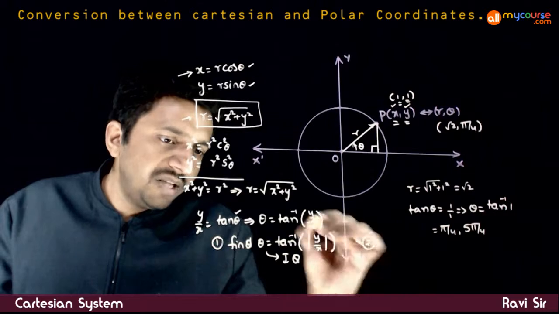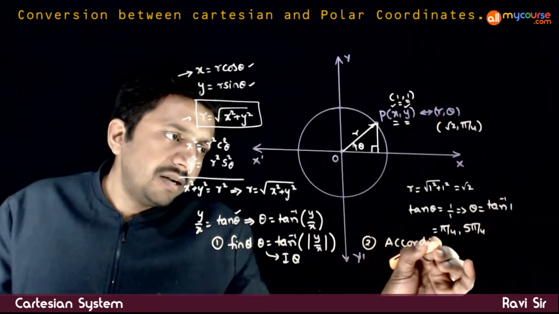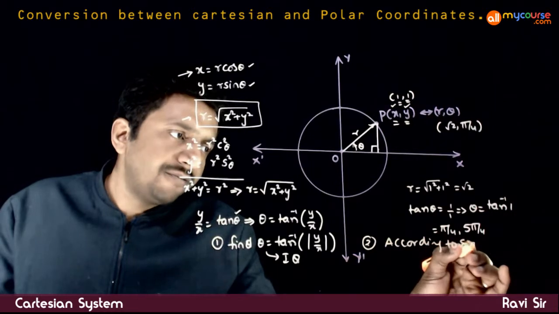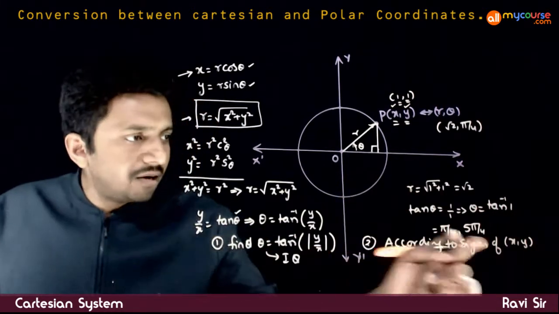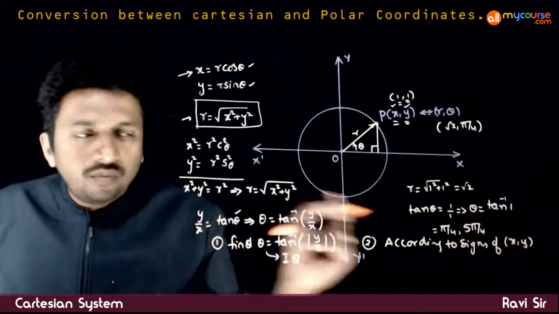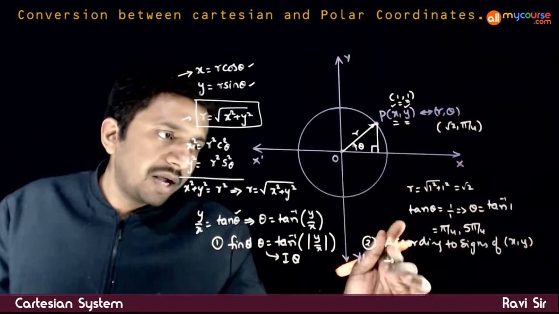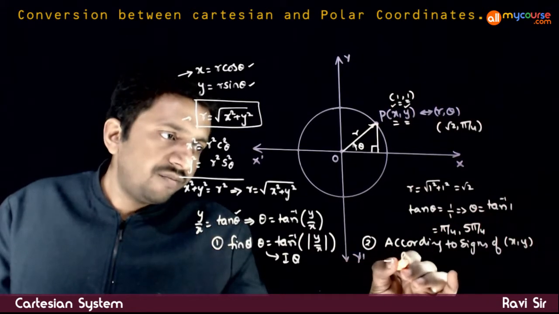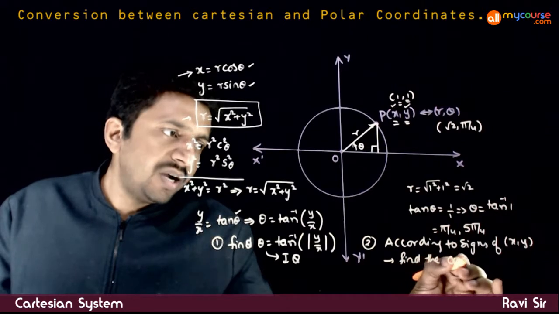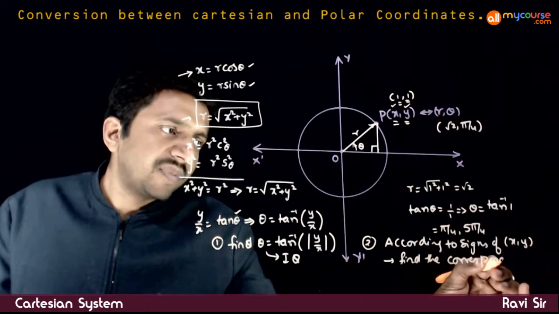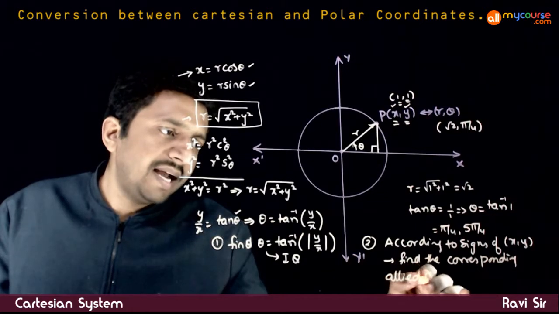So the second step will be, according to the signs of x and y, we can find which quadrant the point lies in. So according to the signs of x and y, find the corresponding allied position, allied angle.